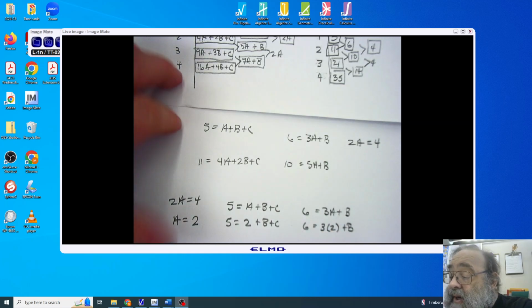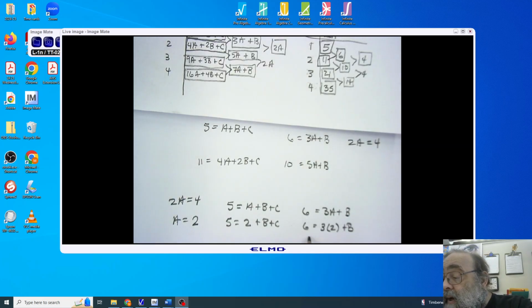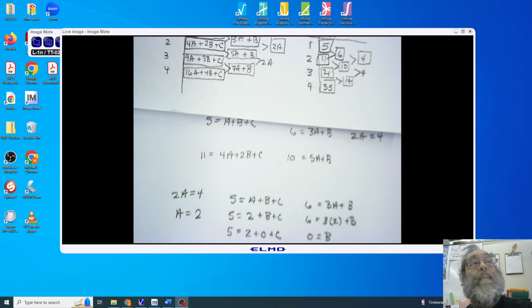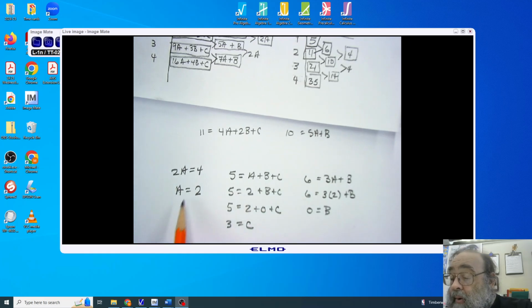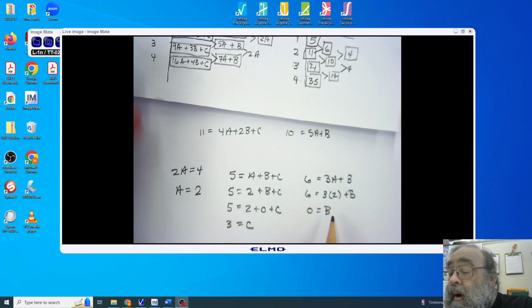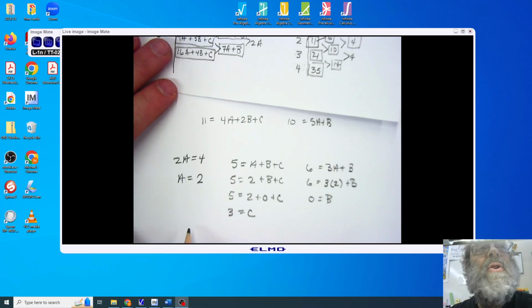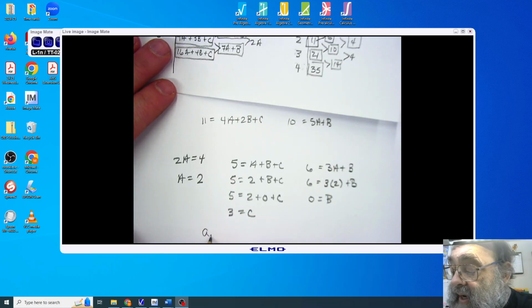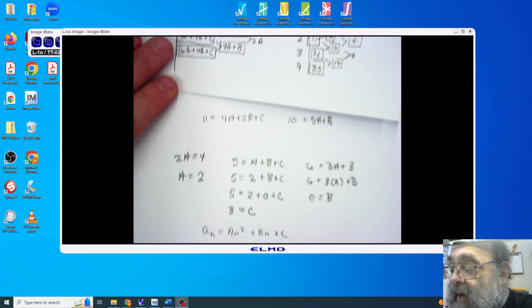This then allows me to solve for b. It's obviously going to happen over here. 0 equals b. Well, that means that 5 equals 2 plus 0 plus c, and 3 has to equal c. Now you'll notice I now know what a, b, and c are, and I can put it back into my sequence rule, a n squared plus bn plus c.